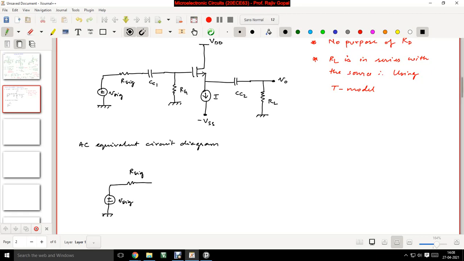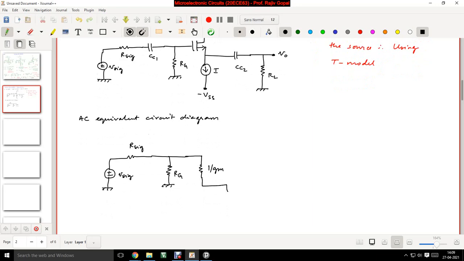The capacitor is shorted, so RG is like this. Then this is the gate, so this is 1 by gm, and this is connected to RL.